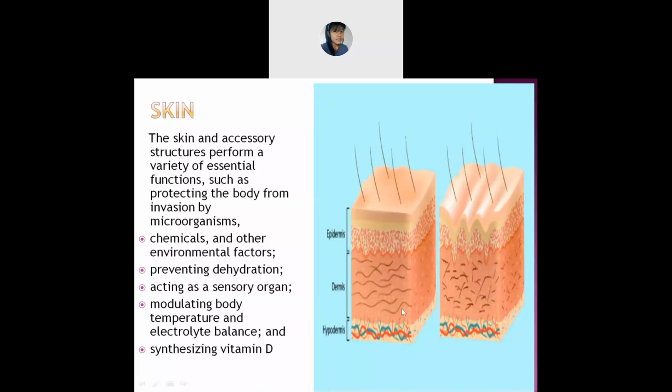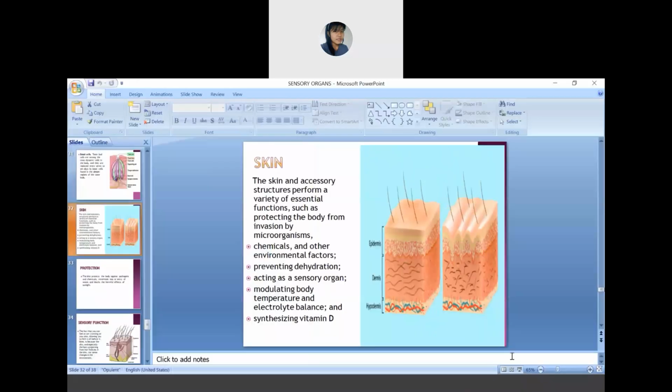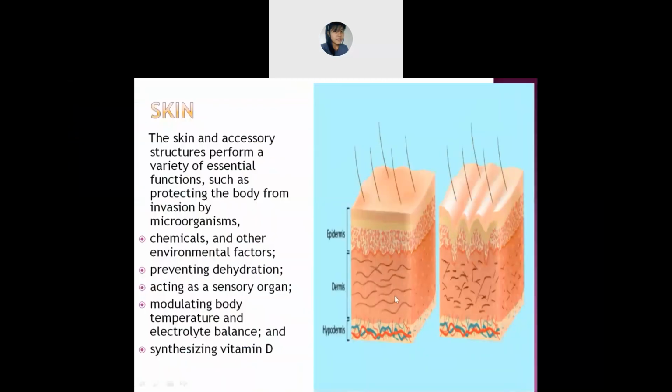All these tiny particles should not directly enter, and the skin helps us in that. Is it clear?